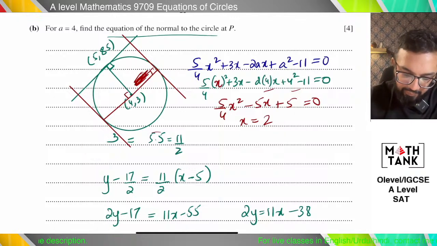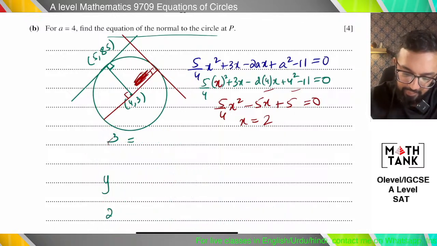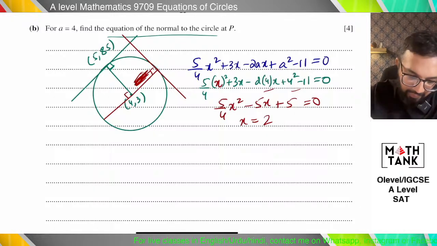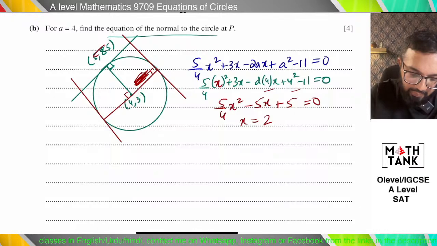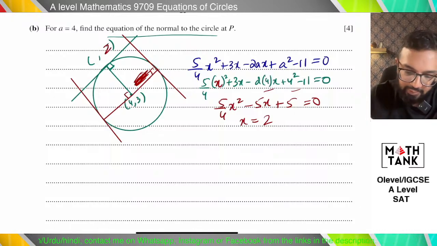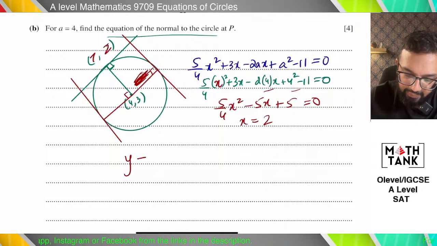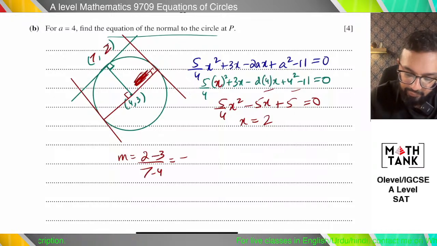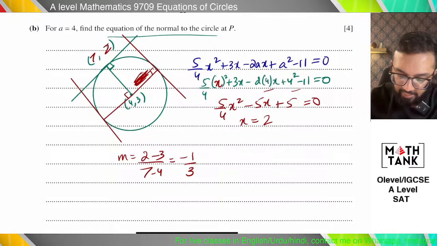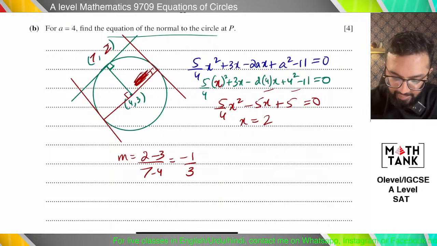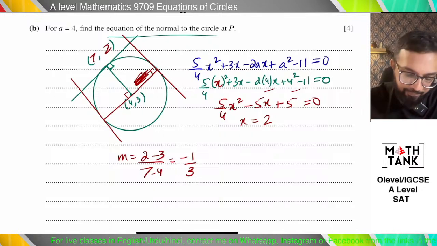Okay, so all of this is also wrong. Then I need to do this again. So that's 2, and then that's 7. So y minus y1. M is 2 minus 3 over 7 minus 4. That gives me minus 1 over 3 as the value of the gradient.